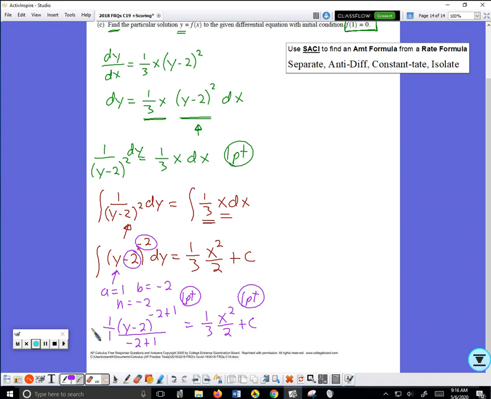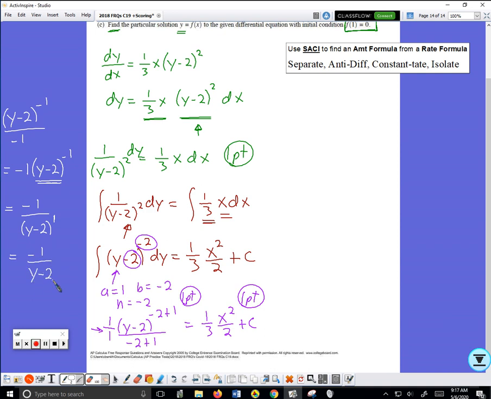Okay, this needs to be cleaned up a little bit. So over here on the side, just illustrating what's happening, we have (y minus 2) to the negative 1 all over negative 1. Dividing by negative 1 is the same as multiplying by negative 1. So now we have this. This can now be moved to the denominator. So I get negative 1 over (y minus 2) to the first, which is just negative 1 divided by y minus 2.